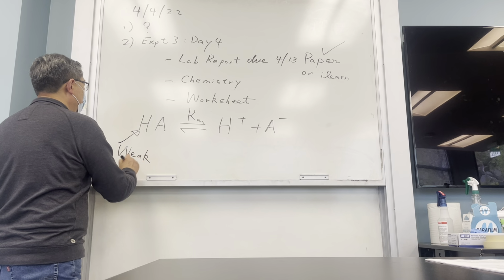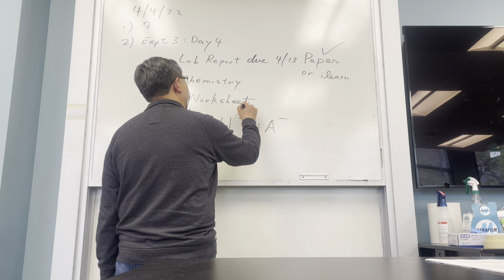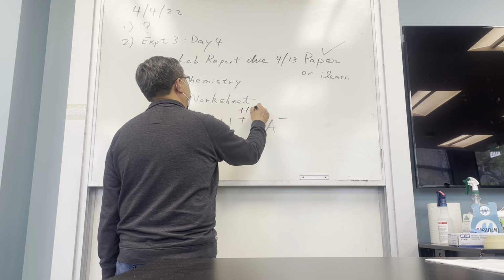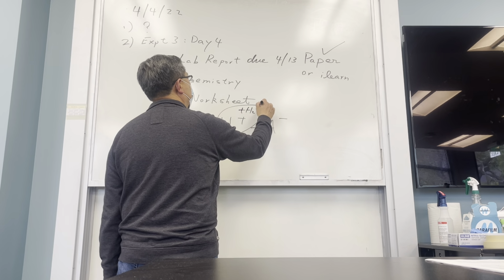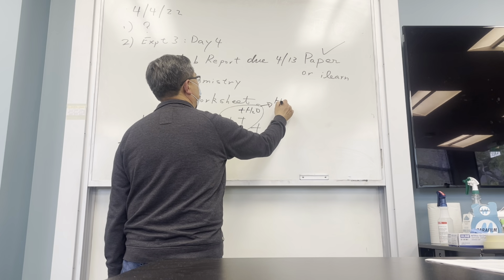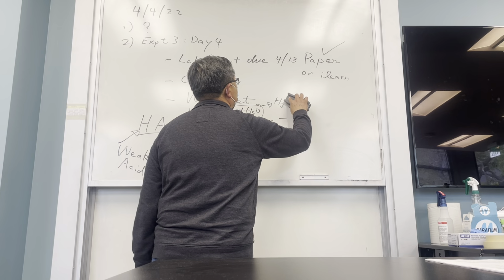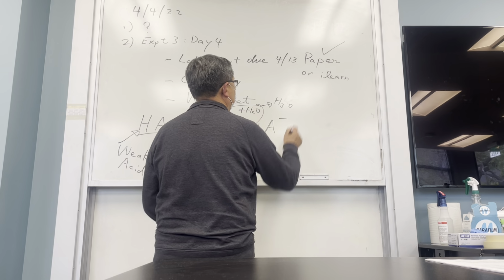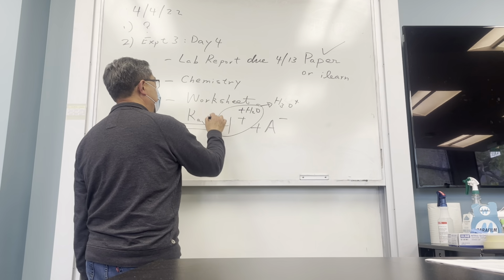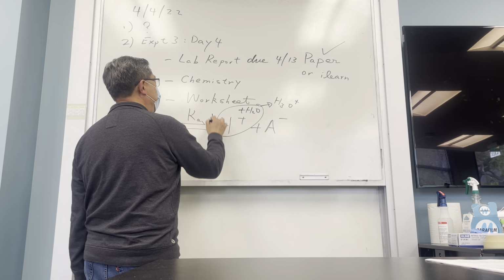It will dissociate a proton, and of course we know that this does not exist alone, because the proton and water come together and form the hydronium ion. That's the actual species, but for simplicity, we just say proton, H+.